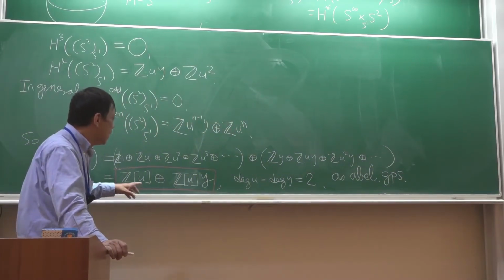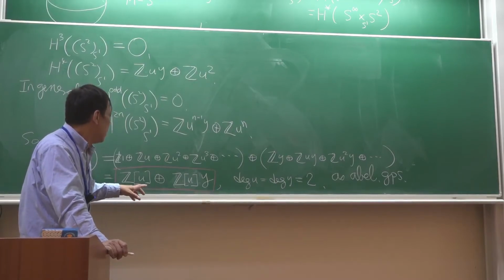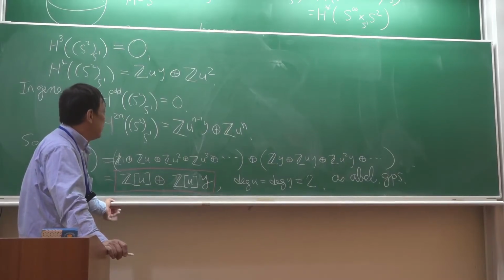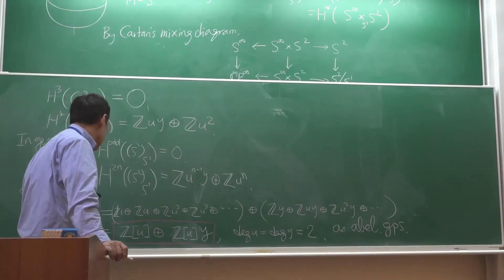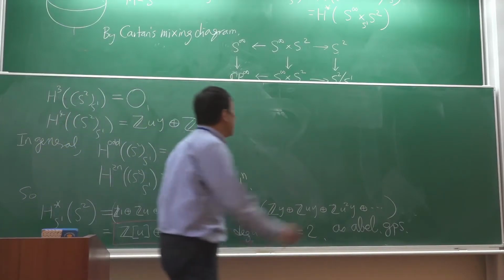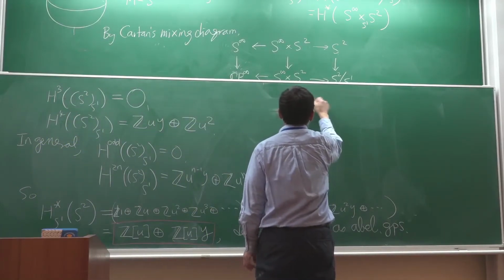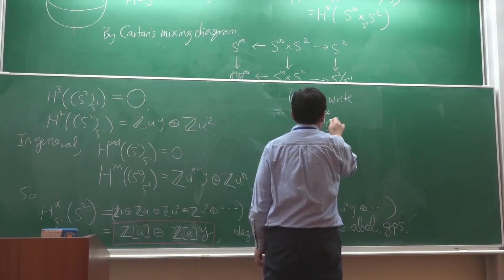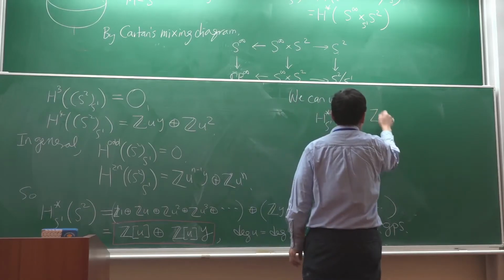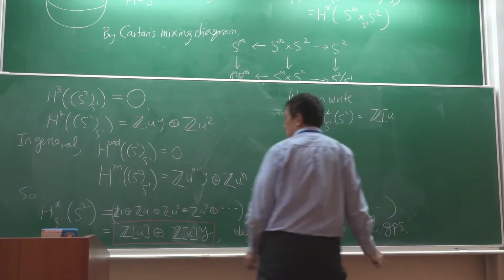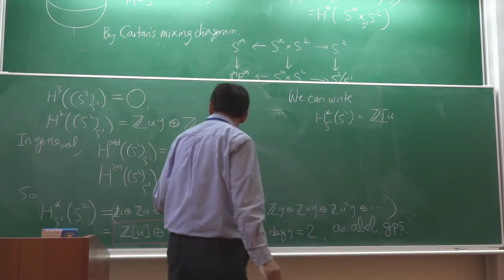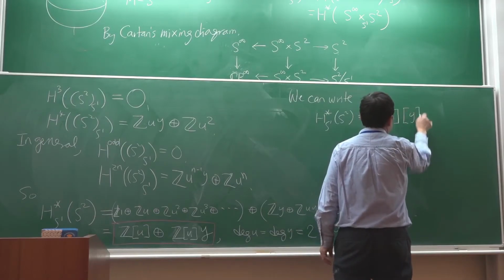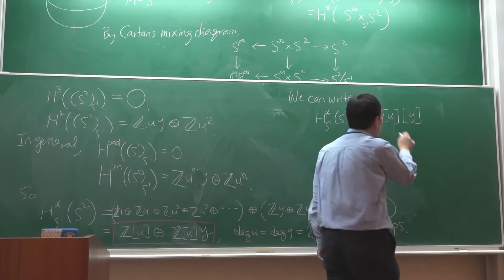So, you see, you can also write this as the polynomial ring generated by y over ZU, okay?